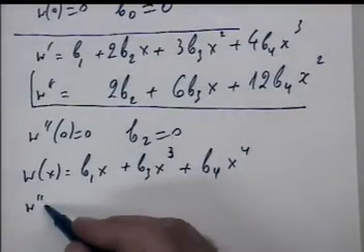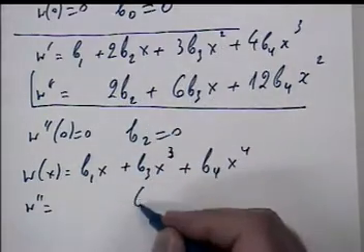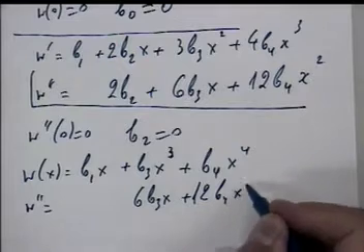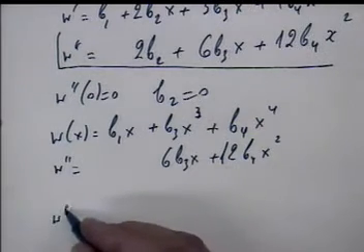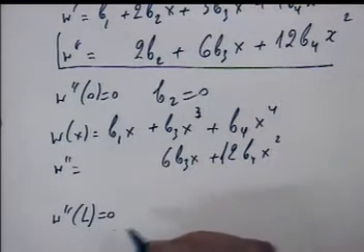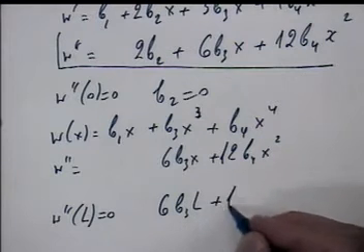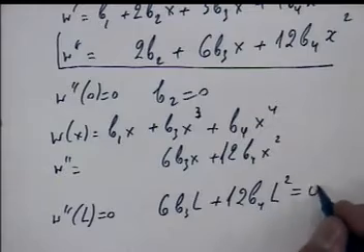So w second derivative, I'm just writing b2 is 0. So that is 6 b3x plus 12 b4x squared. Now, w second derivative at L must be 0. So 6 b3L plus 12 b4L squared is 0.